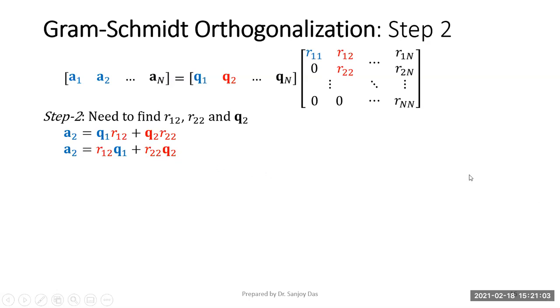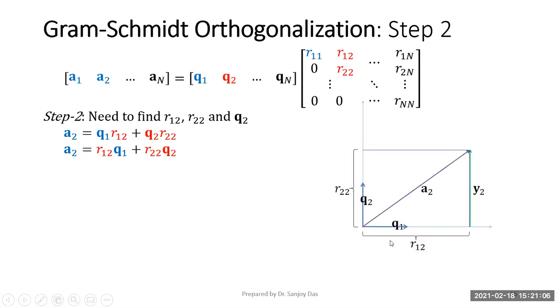Now, let's see that graphically. Q1 and Q2 are unit vectors. And they're both mutually orthogonal to one another. And A2 is a linear combination of Q1 and Q2. So this is my A2.